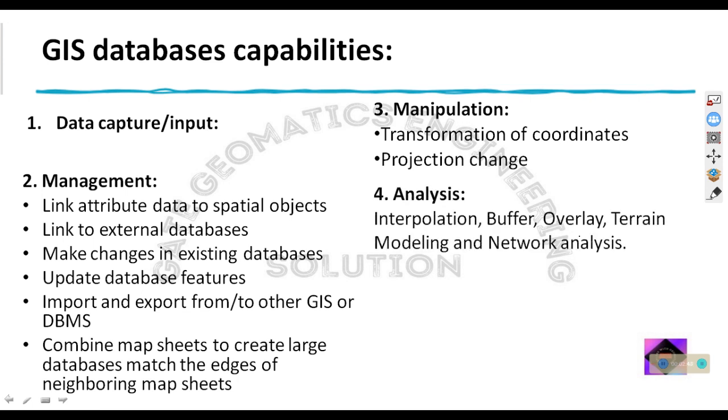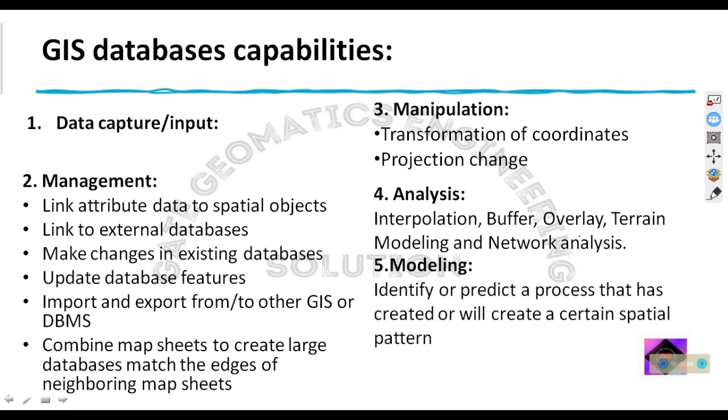And then the analysis. So we shall come to the analysis part in an elaborate way, because the analysis is in our syllabus. The various types of analysis are interpolation, buffer, overlay analysis, terrain modeling, and network analysis, that we will see in the upcoming videos. Another one is modeling.